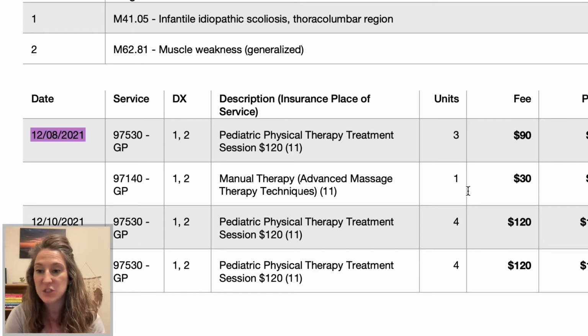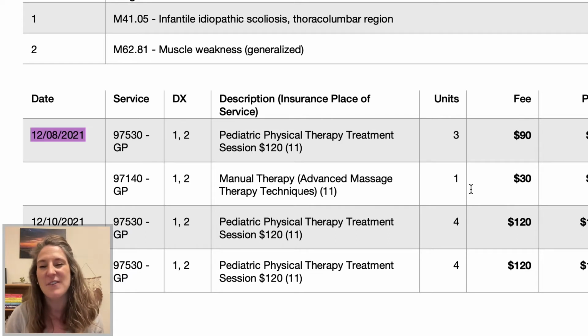Now, I personally charge the same amount regardless of code billed. So I charge $30 per unit or $120 per 60 minutes. Insurance companies have different rates that they honestly just kind of arbitrarily decide is what they will reimburse for. And each insurance company is going to be a little bit different.